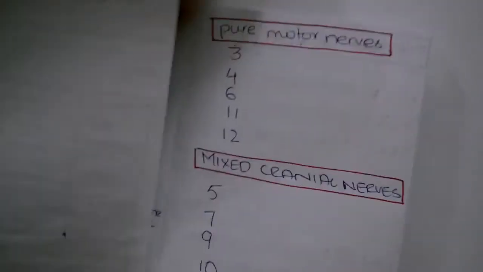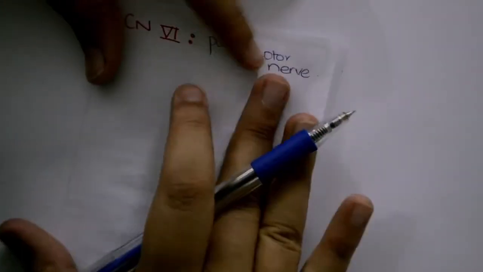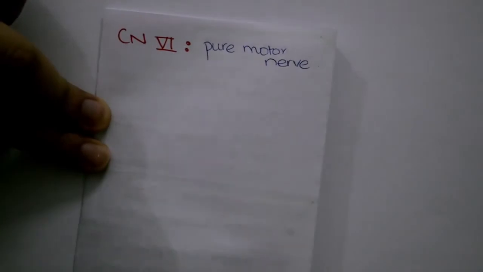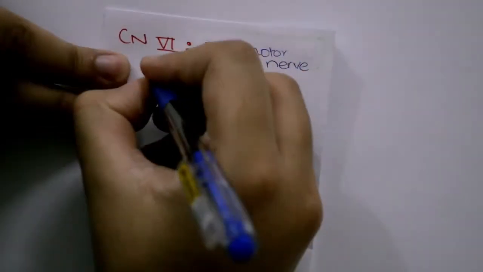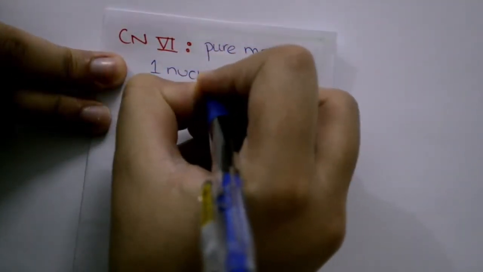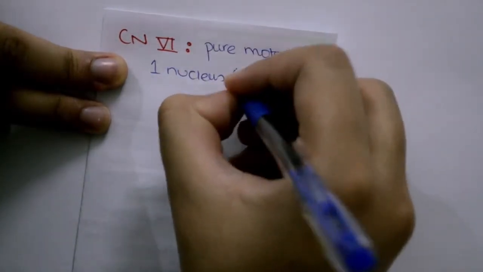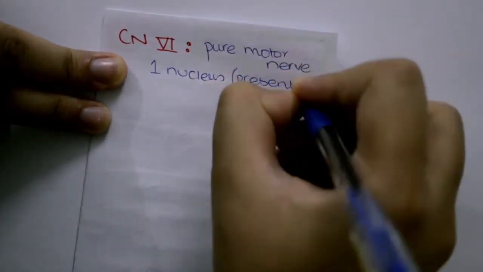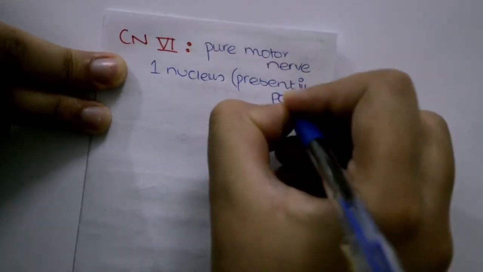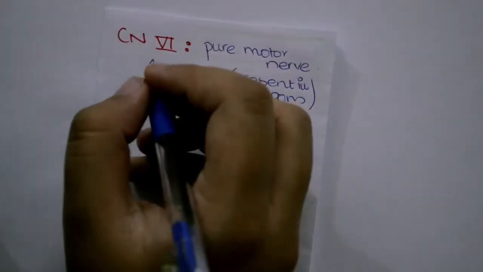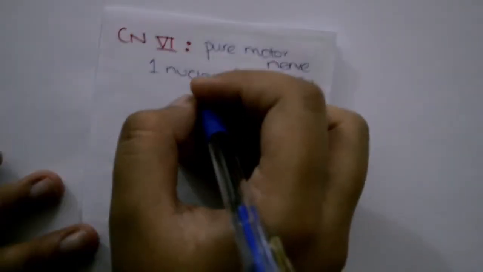It's not a mixed nerve, and it's not a parasympathetic nerve either. It has one nucleus, present in the pons.